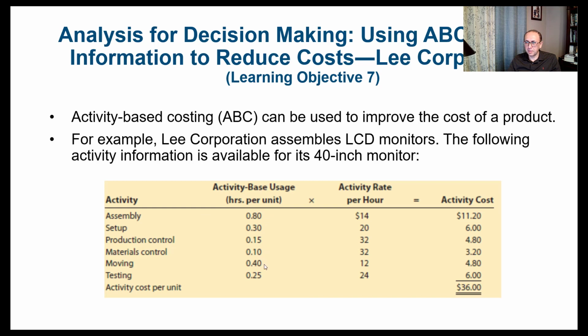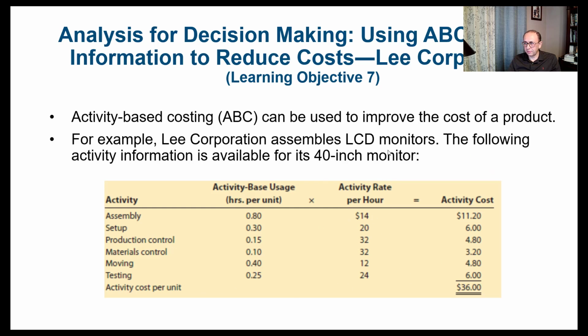These are the activity-based usage, which is how much they use per unit. And this is the rate that was calculated. For assembly, it's $14 per hour. For setup, it's $20 per hour, and so on. Then the activity cost is how much we use multiplied by the rate.